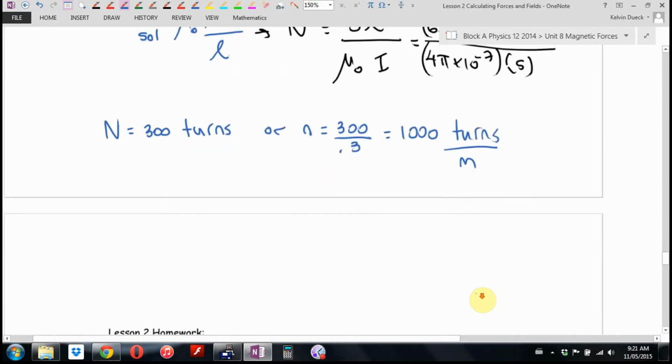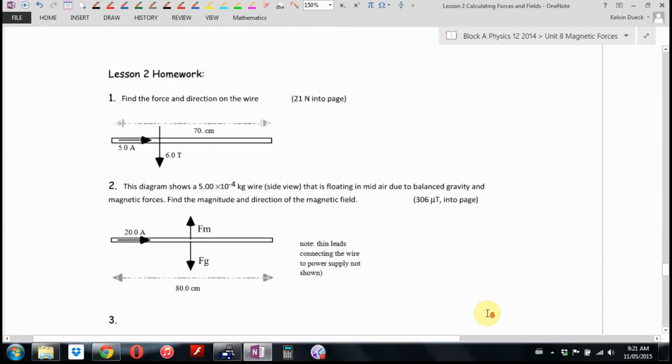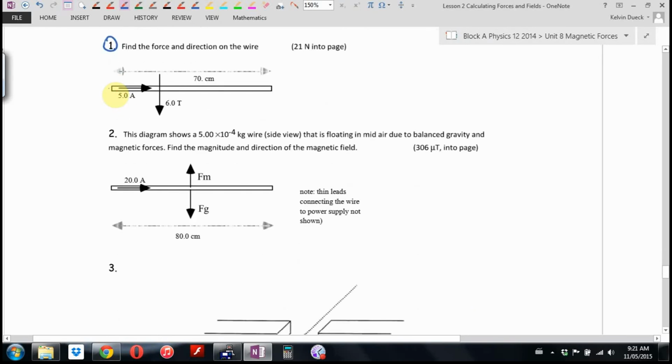What's your homework? Number 1. Number 2, here we have a wire, and it says that it balanced gravity and magnetic forces. For number 2, you're going to start out by saying gravity is equal to magnetic force.